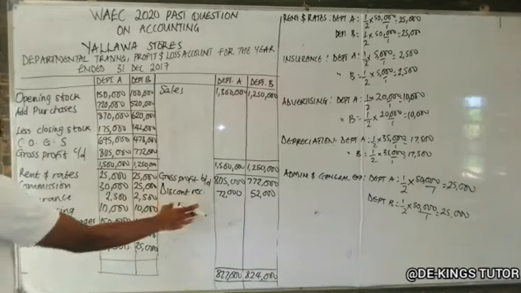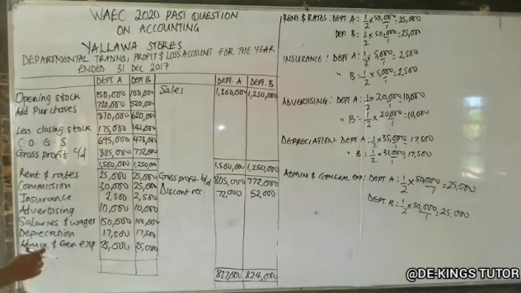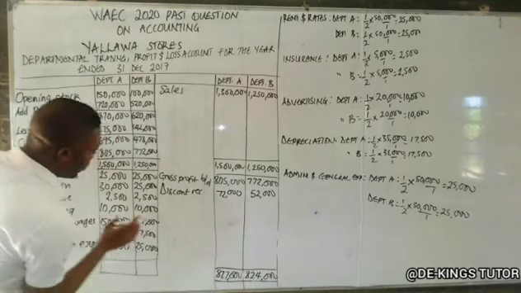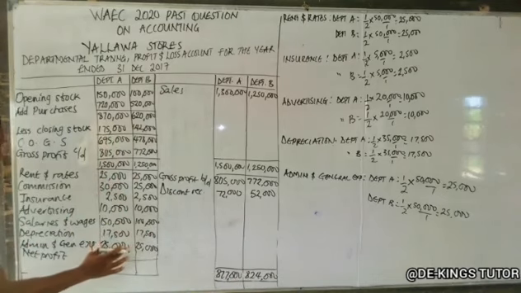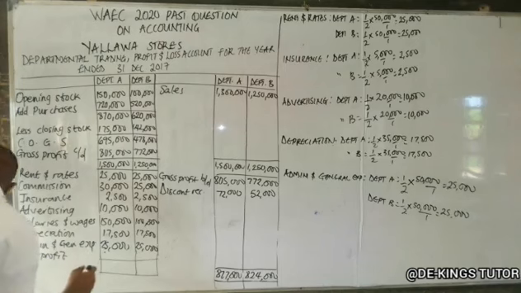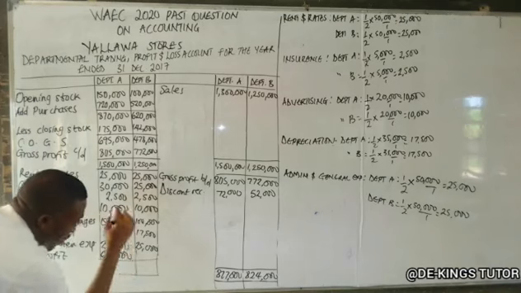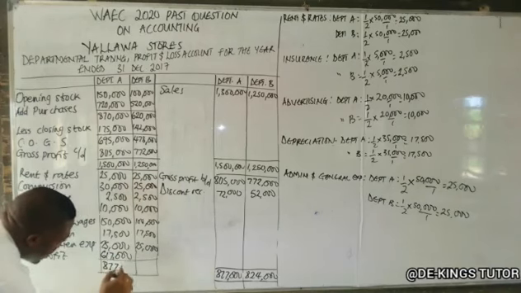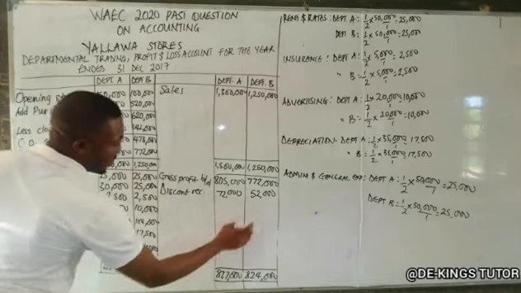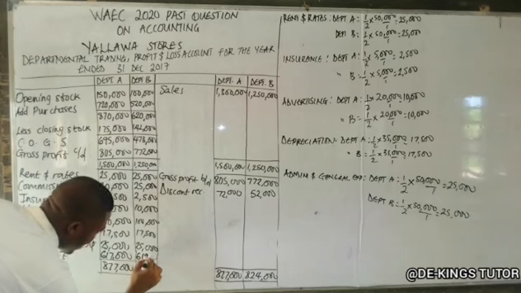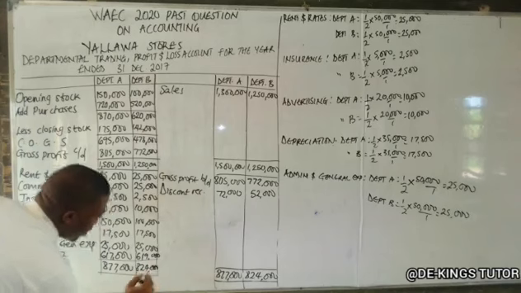So this side is bigger than this, so we are having a net profit. So in the Department A column, subtract this expenditure. The balance we are having will be 617,000, so that when we add, it will give us 877,000. And also in the Department B column, subtract the expenditure. The balance we're having is 619,000, so that when we add, we'll have 824,000.